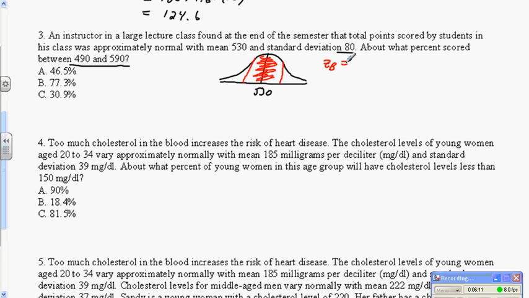I'm going to change this so I can make my next step a little bit easier. Let's do the 590 minus the average. Then we'll find the other one, which is 490.